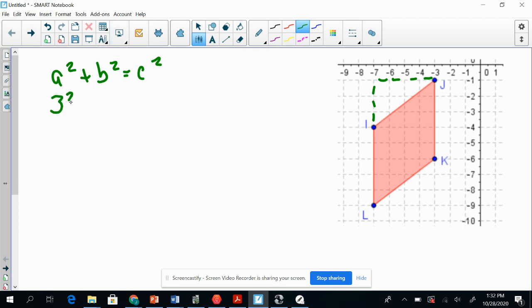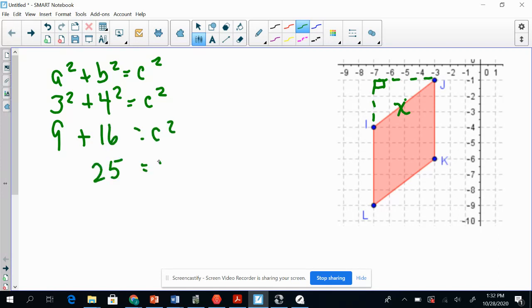So 3 squared plus 4 squared is going to give us the hypotenuse, again, assuming this is our right triangle. And we're looking for the hypotenuse here. So that's going to be 9 plus 16, which is 25. We're going to take the square root of that, and 5 equals c. So that means we know this length is going to be 5.